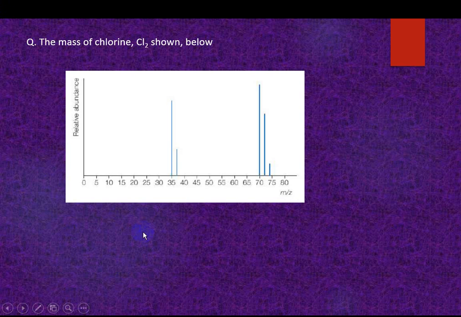Look, there is a peak at 35 and here is 37. And 70, 72 and 74 are the peaks, mass to charge ratio. This is the relative abundance. There is no relative abundance given. Do you know how much the relative abundance is? 90, 14, 100, 100. The relative total is 100.